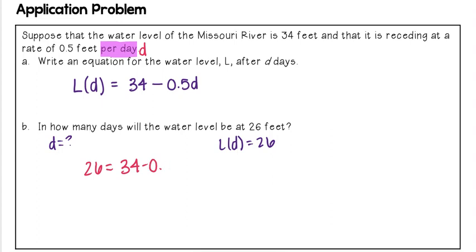And now I'm going to solve that to find what my D is equal to. So my first step here is I'm going to subtract 34 from both sides. So 26 minus 34, I get negative 8.